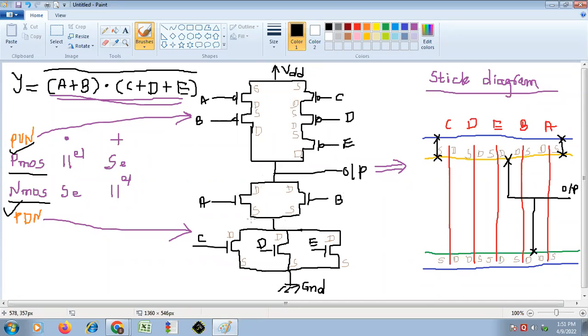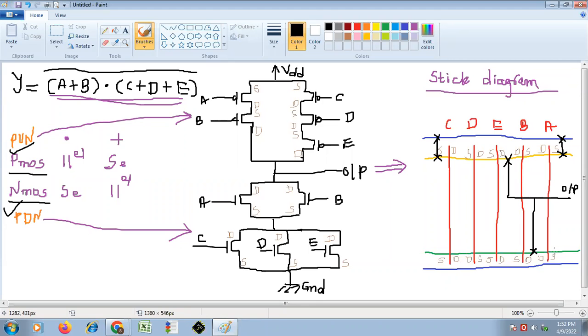Now the source of A and source of B, we have to connect to the drain of C, D and E. Where is the source of A? This is the source of A. Where is the source of B? This is source of B. And where do you have to connect? You have to connect this to the drain of E and CD. So drain of CD we are making here common, right?